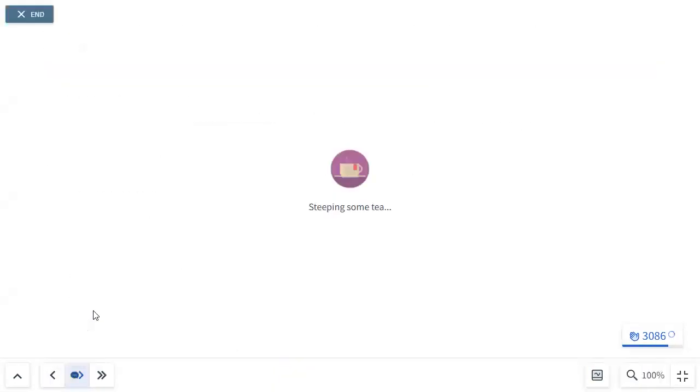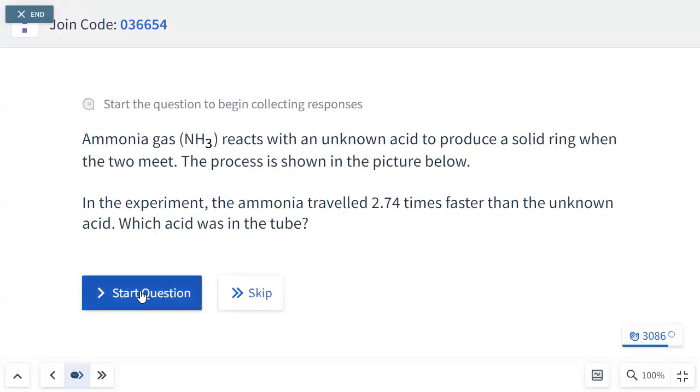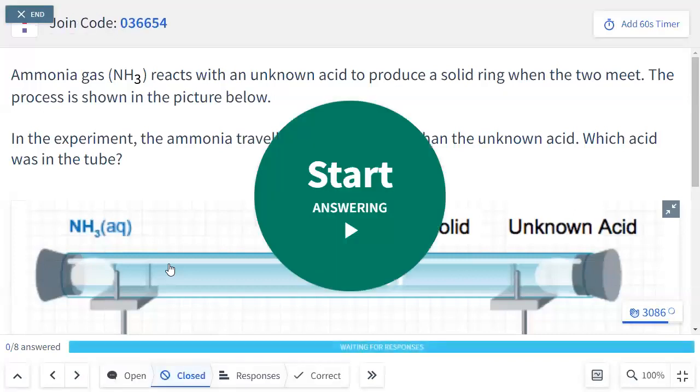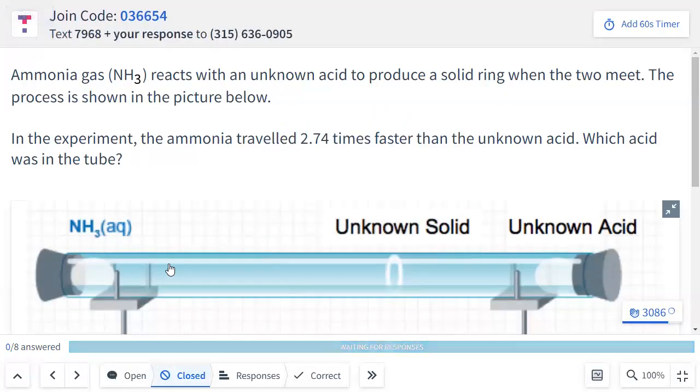And what that'll allow us to do is to answer questions like this. So we have ammonia gas. Ammonia gas reacts with an unknown acid. So I've got 2 cotton balls that are soaked in ammonia and acid. Those liquids volatilize, turn into gases, and the gases start to effuse through this glass tube until they come into contact with each other.